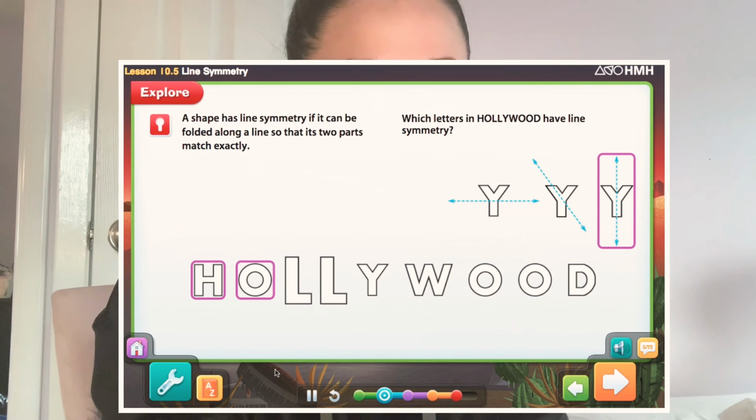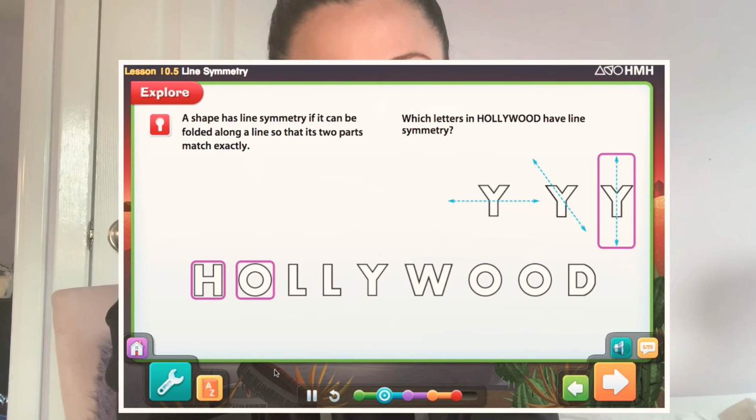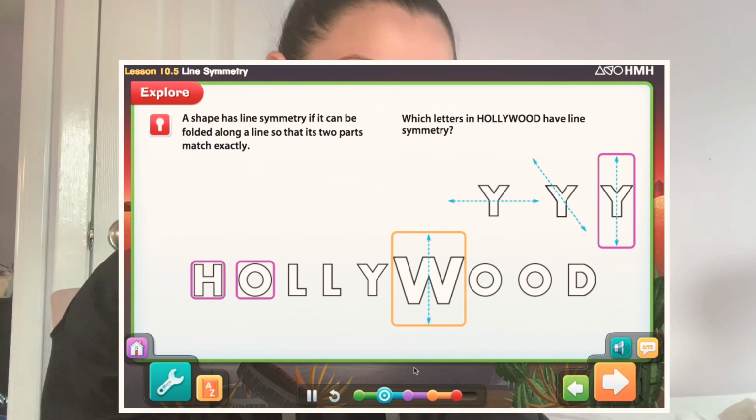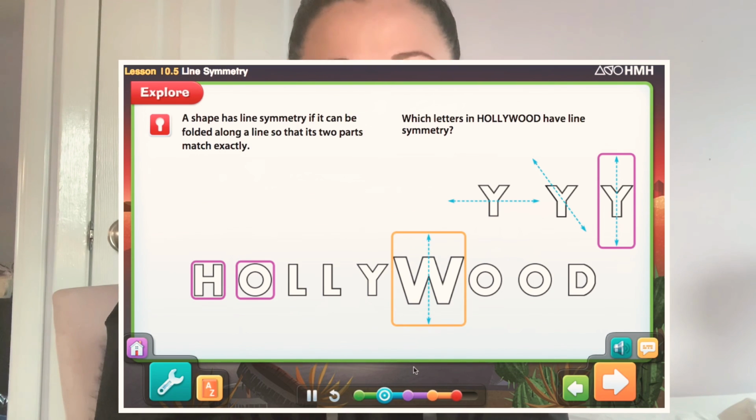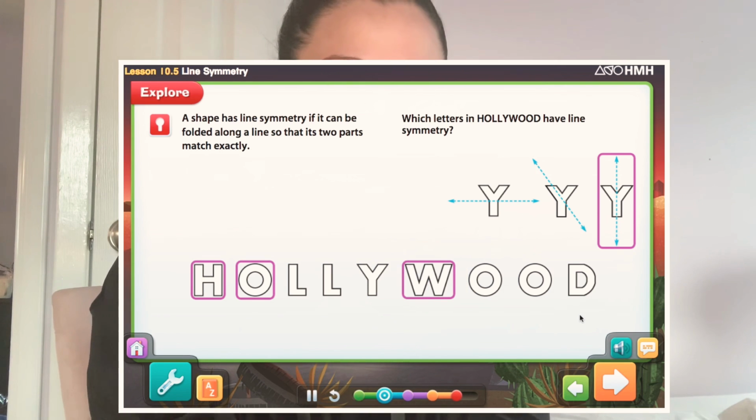What about the letter L? L does not have any lines of symmetry because the parts would not match if you folded them any which way. What about the letter W? Do you see how both sides match exactly?